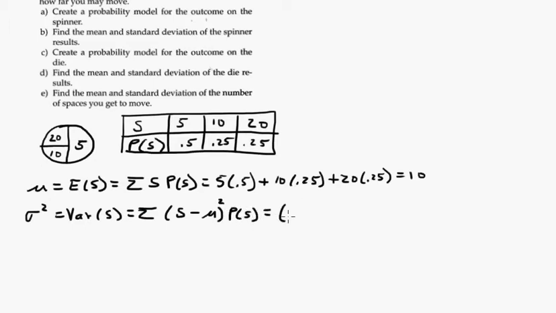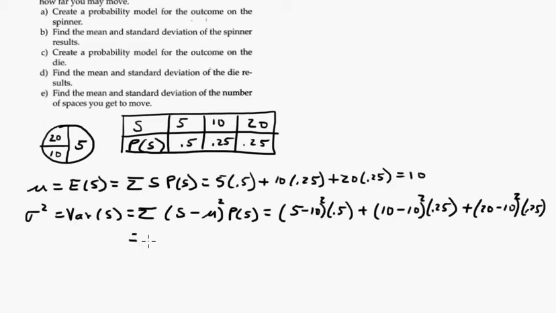So that's 5 minus 10 squared times 0.5, plus 10 minus 10 squared times 0.25, plus 20 minus 10 squared times 0.25.